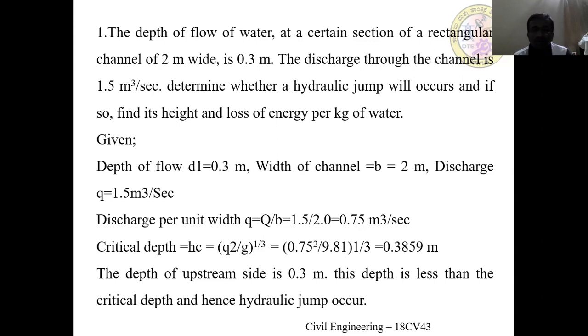Here, if possible, we can find the value of F1. To find F1, we need F1 equals V by root g Y1, so we need V1, which we could find from V1 equals Q by A. Otherwise, it is possible to find the critical depth.